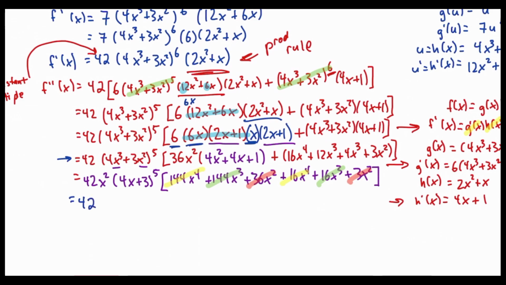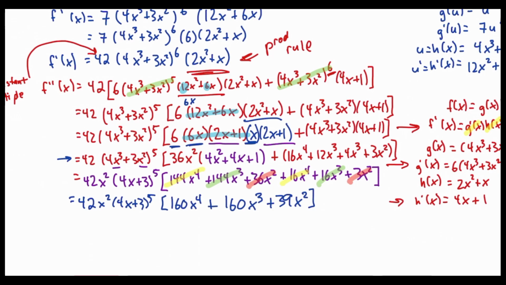So 42x squared (4x plus 3) to the power of 5, and 144 plus 16 gives us 160x to the power of 4, plus 144 plus 16 is 160x cubed, and 36 plus 3 gives us 39x squared.